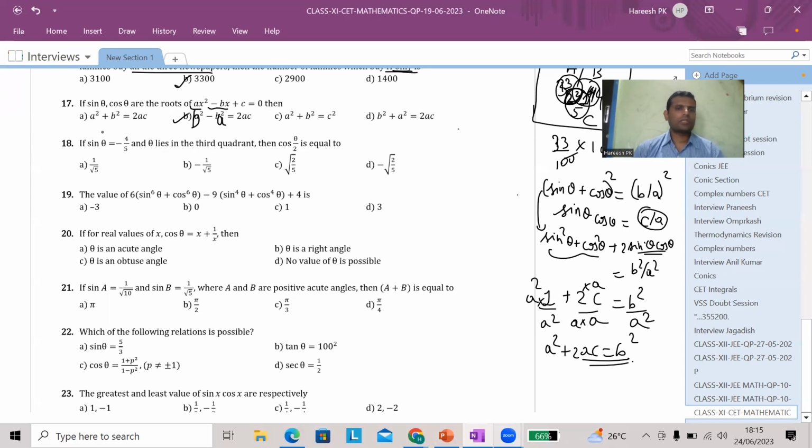Okay. So next one, sine theta is given. So what is cos theta by 2? We know the formula that sine 2 theta we can write as 2 sine theta cos theta.